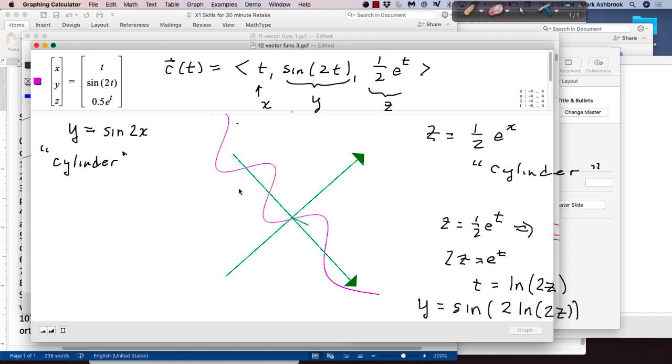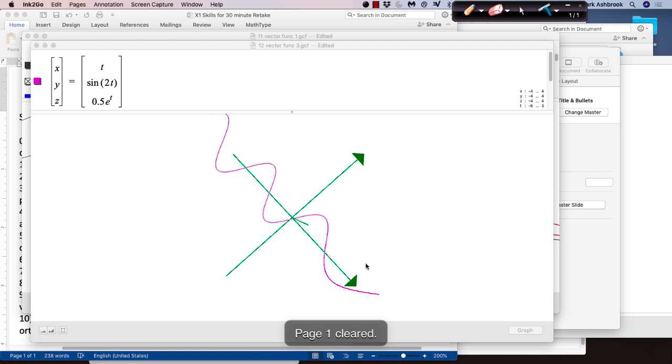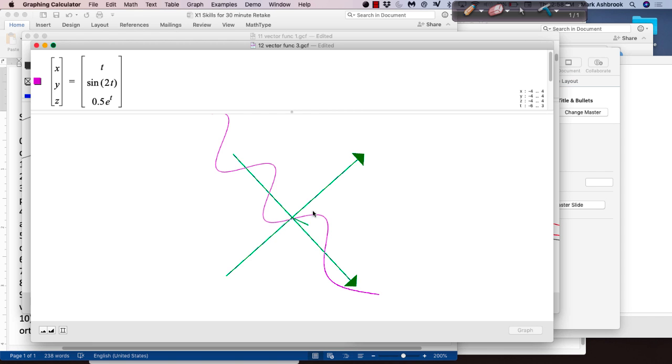All right, so let's do a couple of easier examples here. Let's see what else we got.